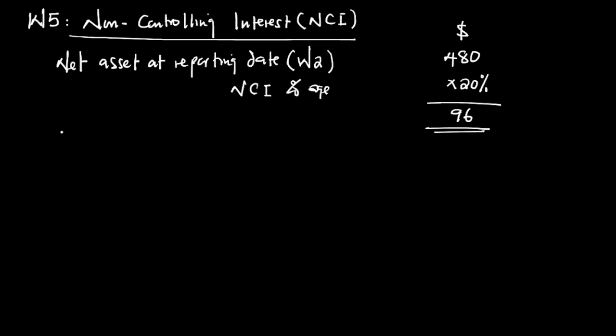Working 6 is the group retained earnings. We want to look at the total profit for the group.